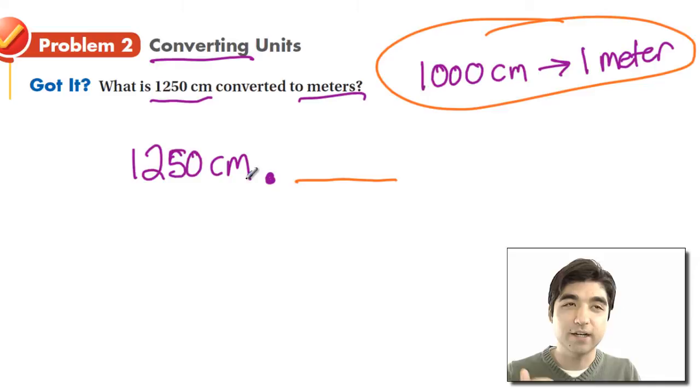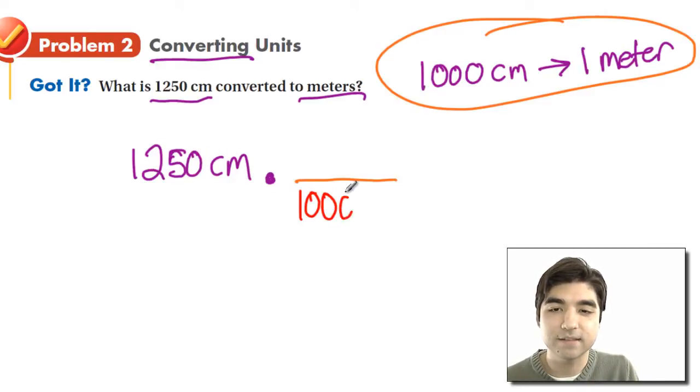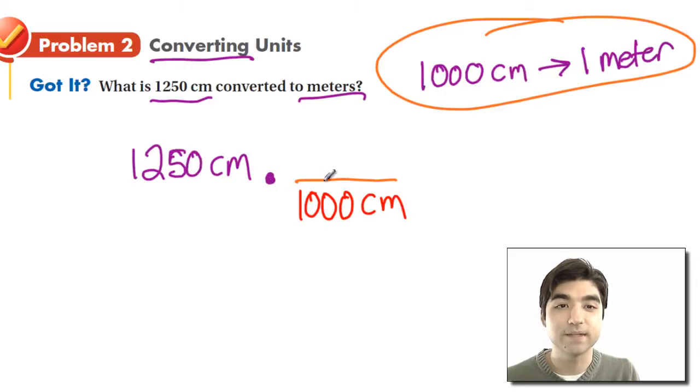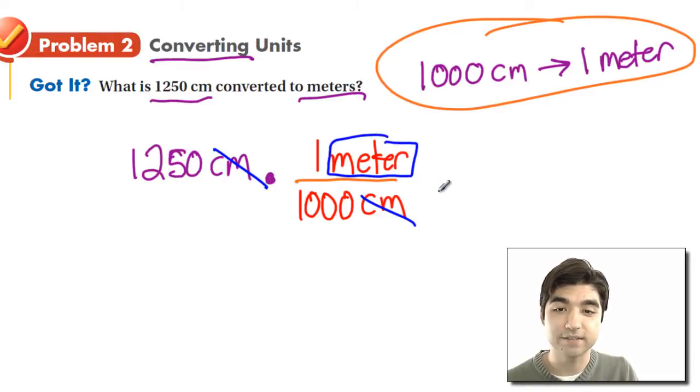You want to be able to cancel it out. So you always put the units that are the same diagonal from each other. So we put 1000 centimeters on the bottom, and then you put the 1 meter on top. Why? Because this will cross out the centimeters. And that's a good thing because then we are left with just meters.